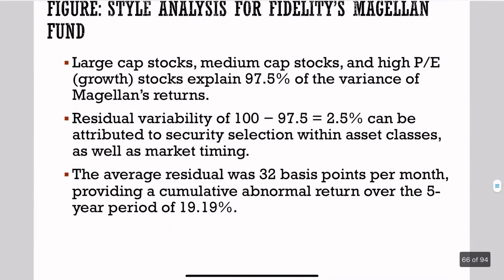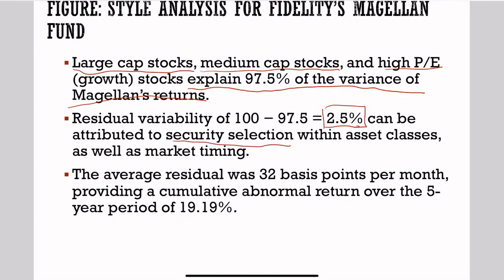So by the regression, the large cap stocks, medium cap stocks, and high PE growth stocks can explain 97.5% of the variance of the Fidelity Fund's return. And then you can see that there is also this residual percentage, 2.5%. So 2.5% of this Fidelity Fund's return is explained by security selection and market timing.